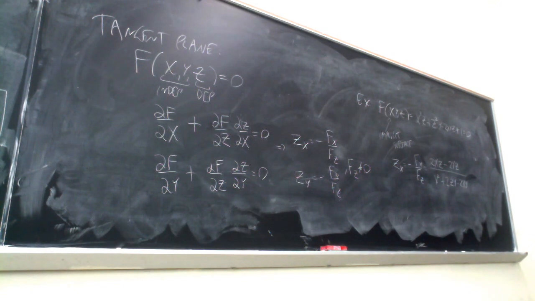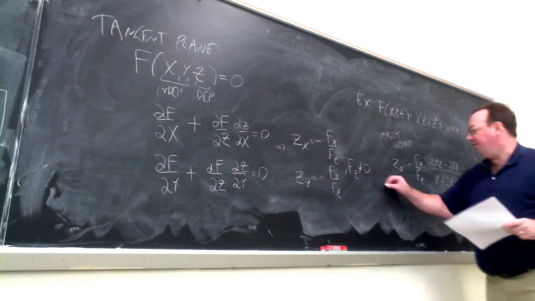If you have any point on the surface, x, y, z, you can plug in all three coordinates into here and get that part of the equation of the tangent plane, and then partial z with respect to y will be worked out in a similar way. Okay.